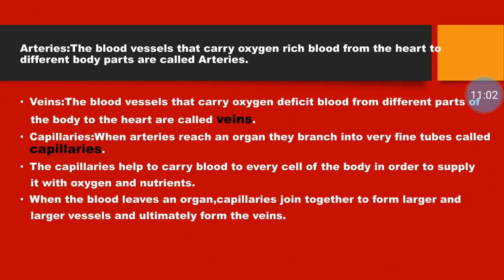So the right side of your heart will receive oxygen poor blood from your veins. As I already told you, veins bring blood which has very less oxygen content in it. Okay, and now what happens, the right side of your heart will receive oxygen poor blood from your veins, and it pumps it to your lungs.